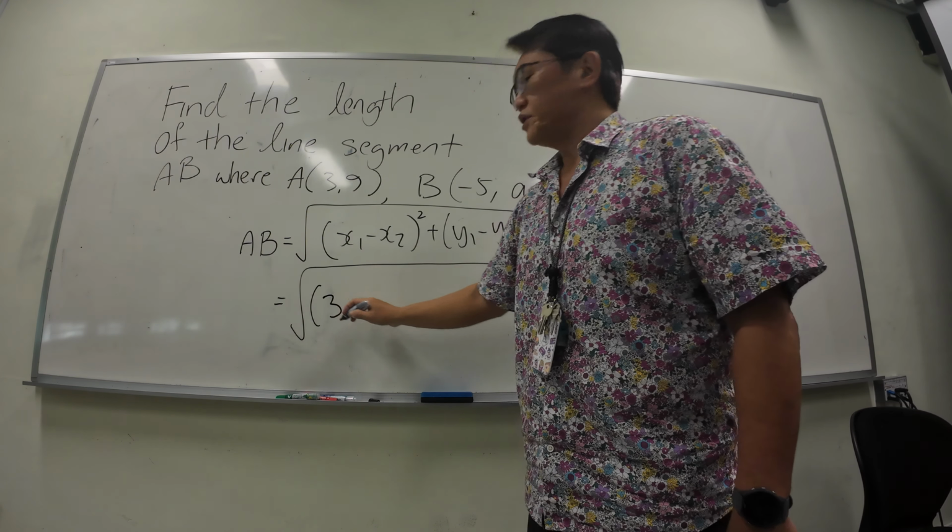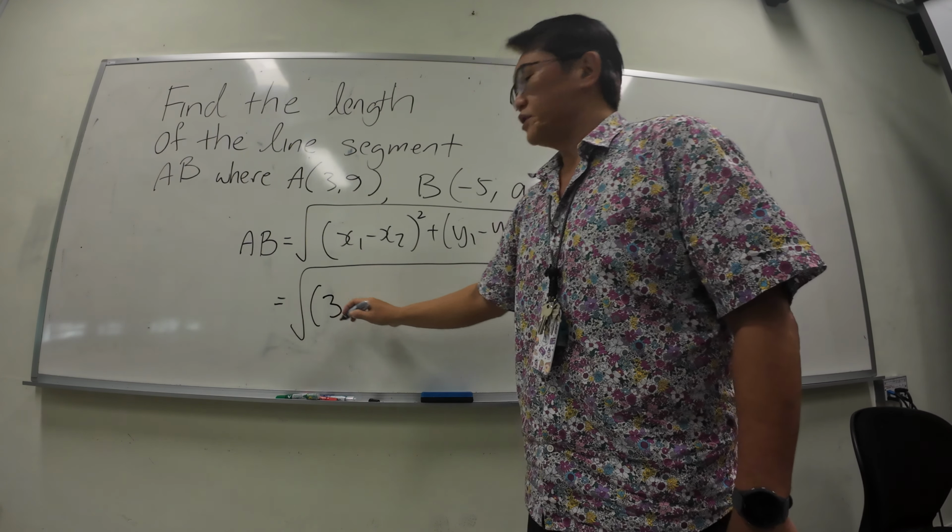Then y1 minus y2, I remember it by the difference in x and difference in y. So I will take 9 minus 8 squared. Then minus negative, that is where it may become different if you are not careful with your negative sign.